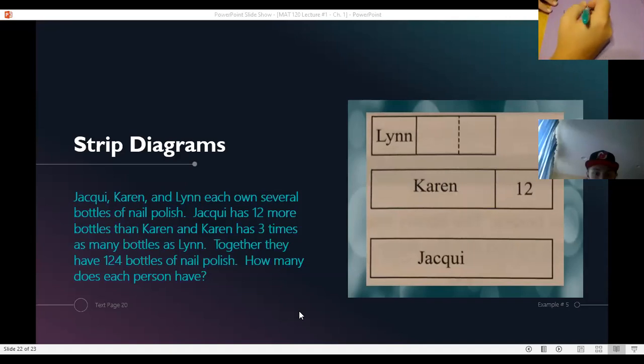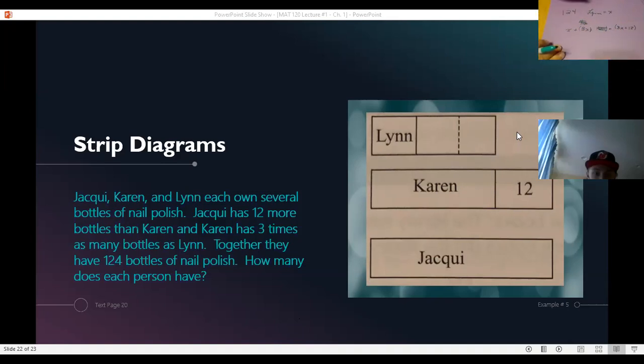So it's only one Lynn, and if Lynn is X, then let's say X for Lynn, plus 3X plus 12, and this is Karen, and then plus Jacqui. Karen does not have the 12, so it's just 3X.